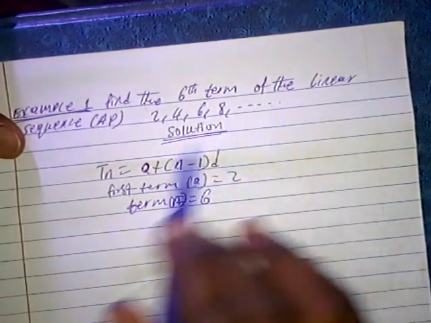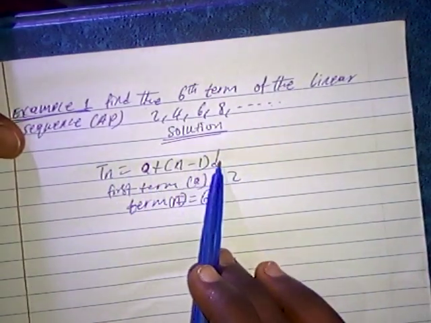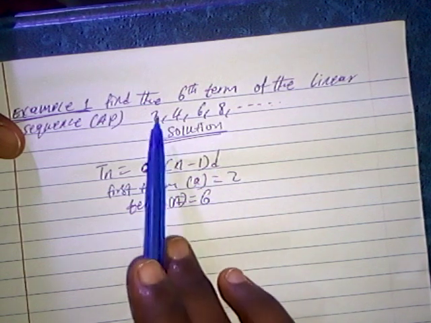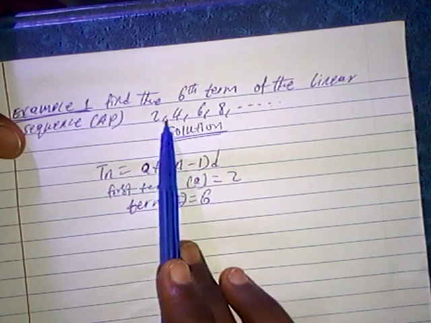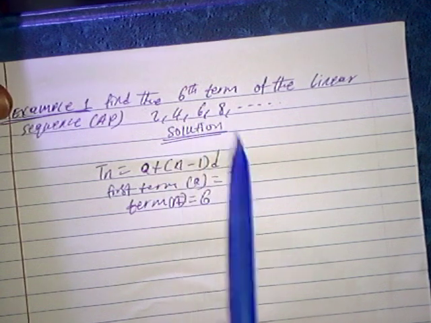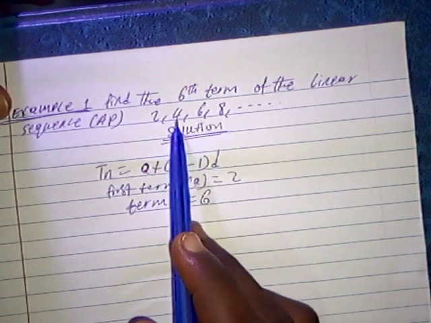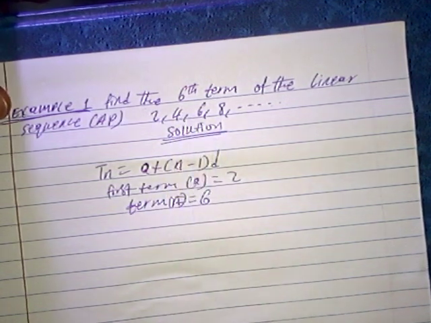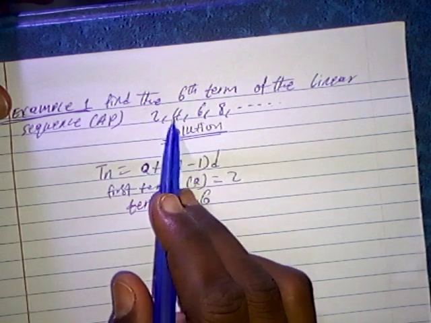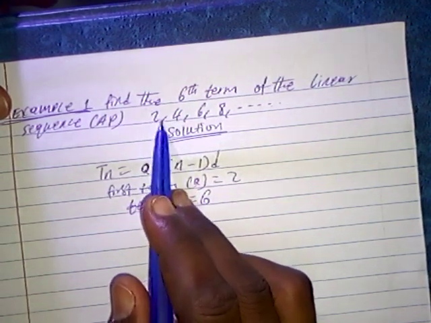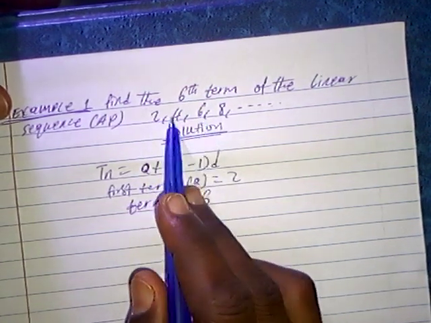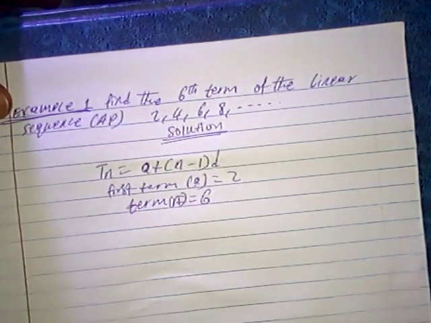And again, what is the common difference? For the common difference, you are going to take the sequence and subtract. If you use your calculator, 4 minus 2, you are going to have 2. 6 minus 4, you are going to have 2.